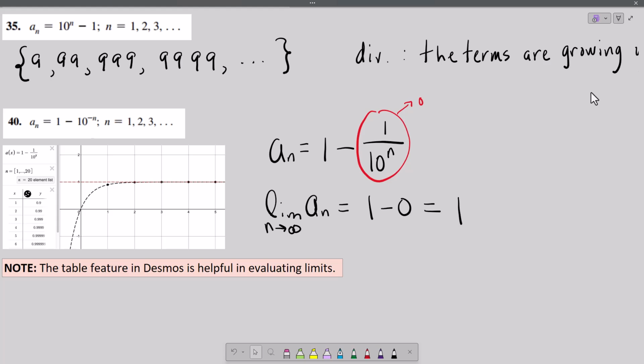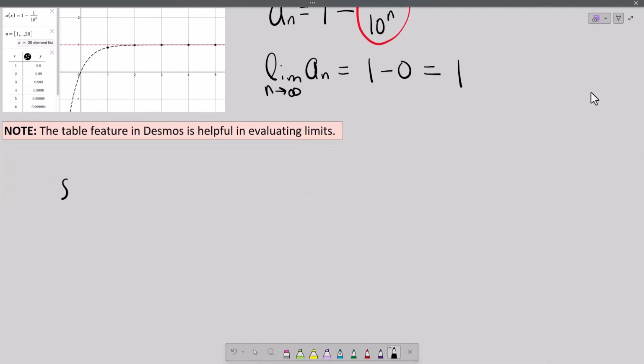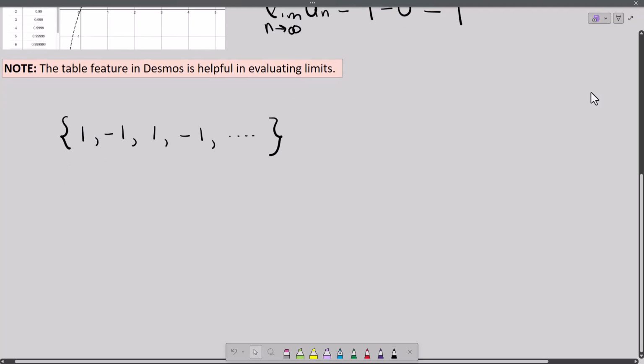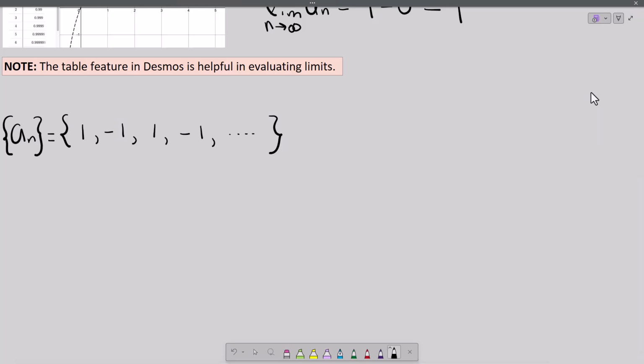Great question. So if we have that sequence, so did you say 1, -1, 1? Yeah. So if we have this sequence right here, let's look at our sequence of partial sums. So here's a_n, the sequence of terms.